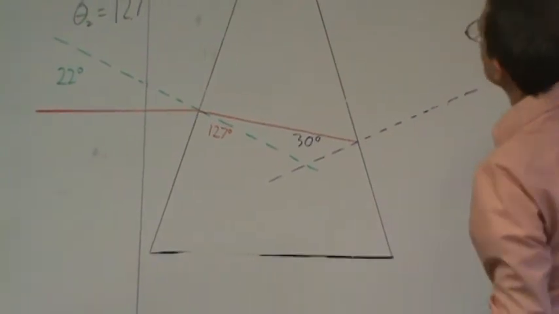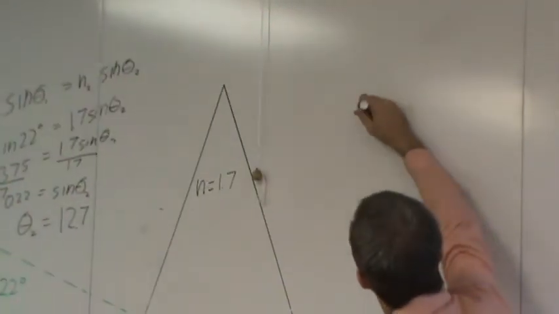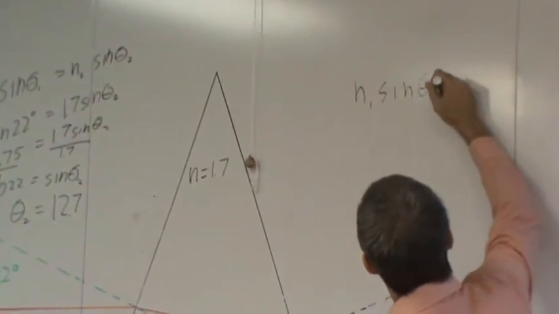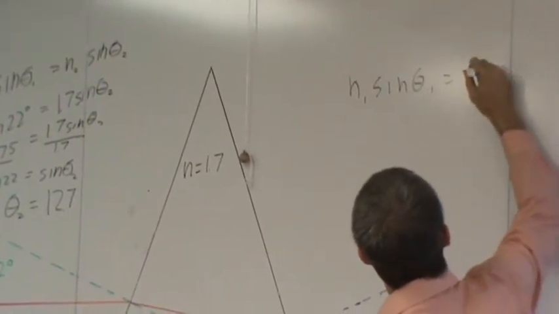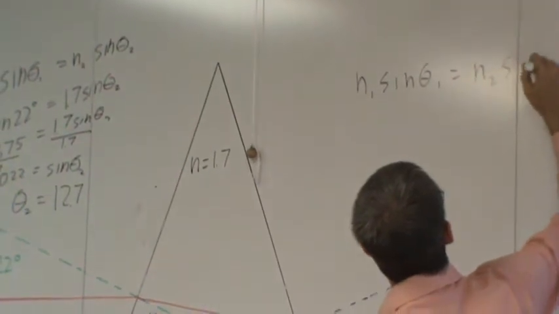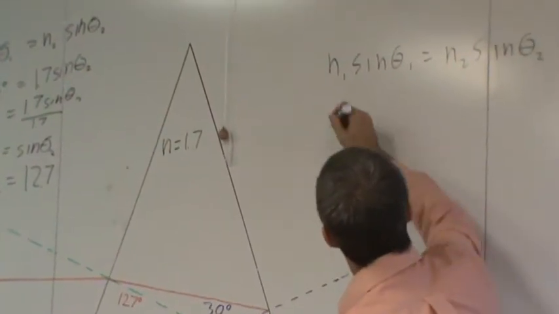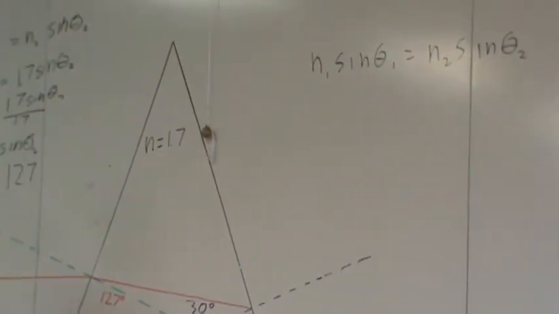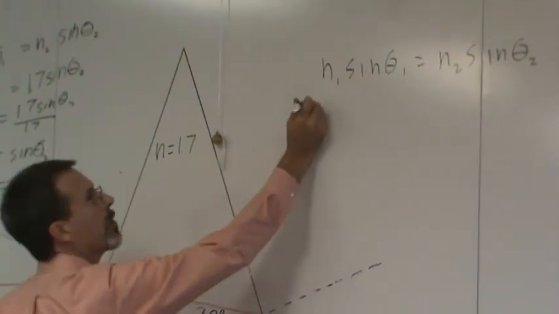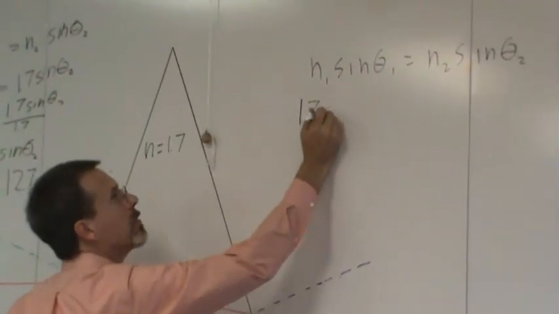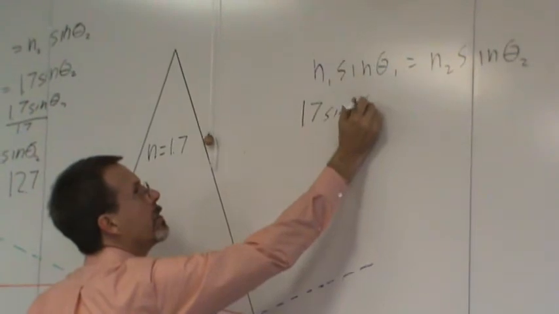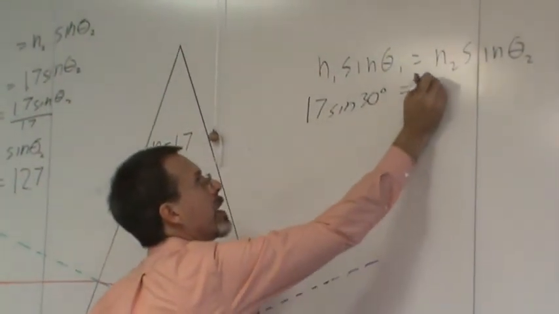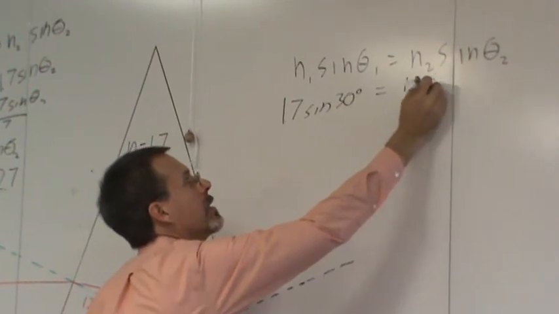And now, we do the same thing with Snell's law. Now I am in the material, so my initial index of refraction is 1.7 times the sine of 30 degrees. And that's going to be the index of refraction of 1 times the sine of my second angle.